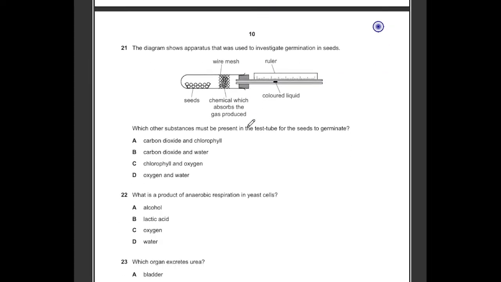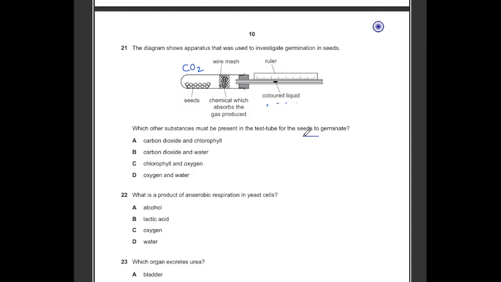Next, the diagram shows apparatus that was used to investigate germination in seeds. Fine, germination in seed, and there is seed here. Wire mesh is present, and a chemical which absorbs the gas produced. Which gas are they producing during germination? Seeds are producing gas called CO2, and this is absorbed by either KOH or calcium carbonate. The colored liquid will move towards where? Which other substance must be present in the test tube for the seed to germinate?